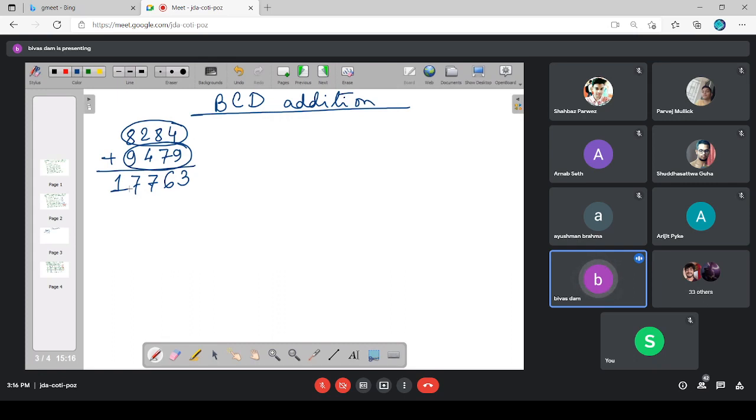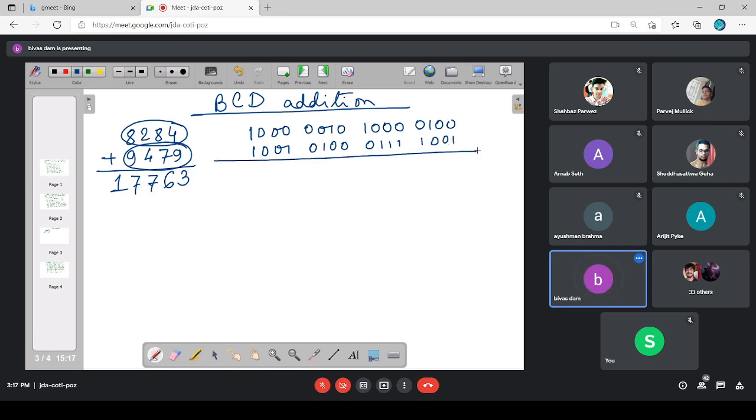So first we have to convert the first operand into BCD: 1 0 0 0, then 0 0 1 0, 1 0 0 0, and 0 1 0 0. The second operand is 1 0 0 1, 0 1 0 0, then 0 1 1 1, then 1 0 0 1.